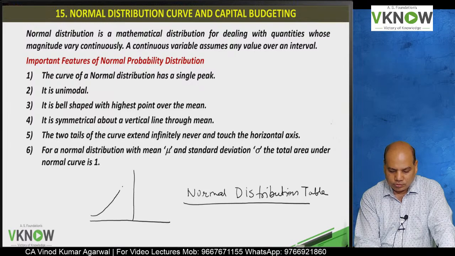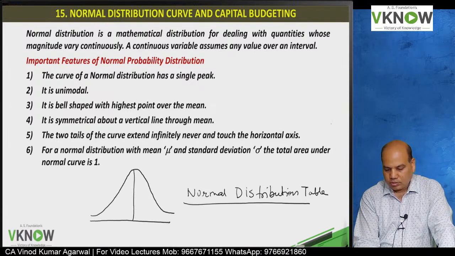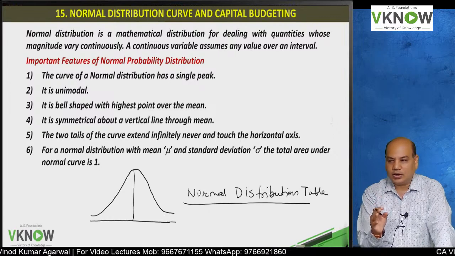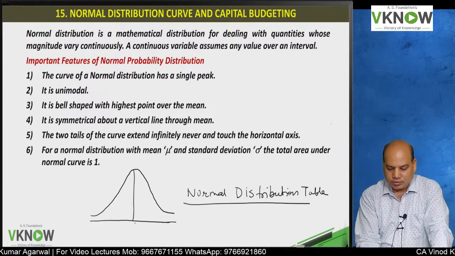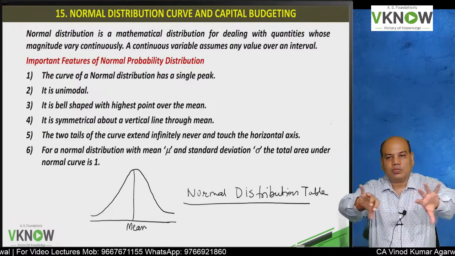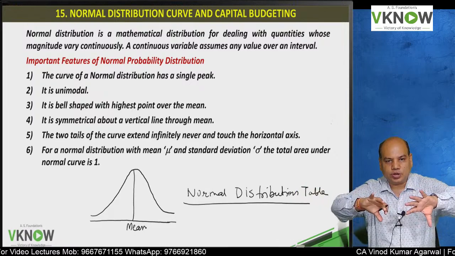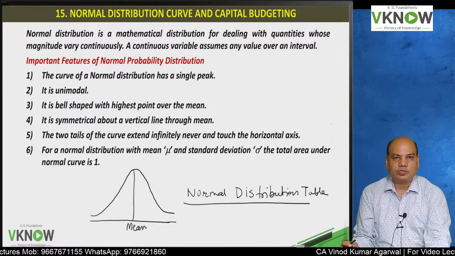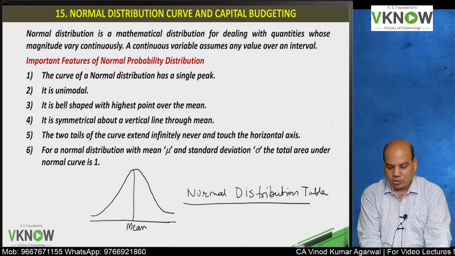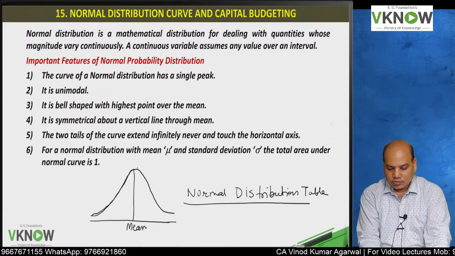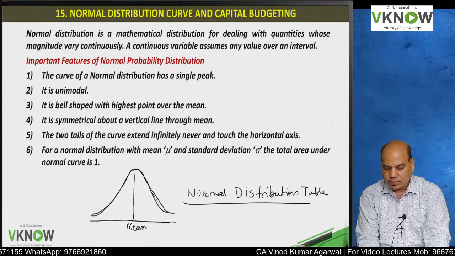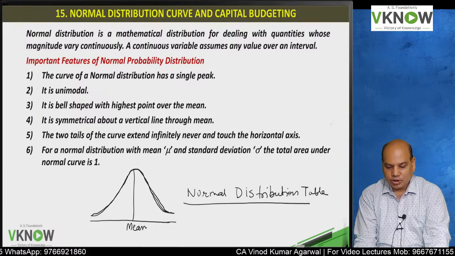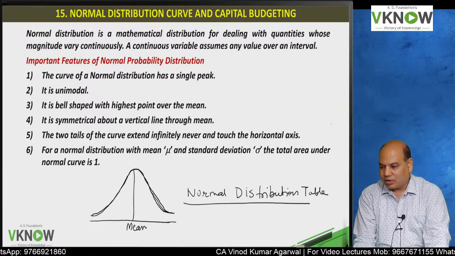As you know, if data is drawn on a diagram, if the mean is in the center, data is normally distributed. Normally distributed means some portion of the data is below the mean, some portion of the data is above the mean, and it looks like a symmetrical bell shape curve.